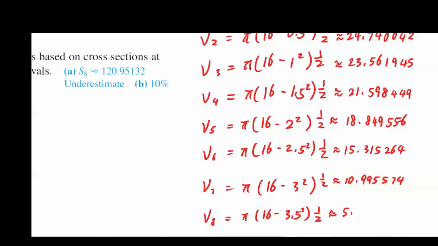Okay, somebody who's been diligently adding this up. V total. 146.084057. You guys agree?